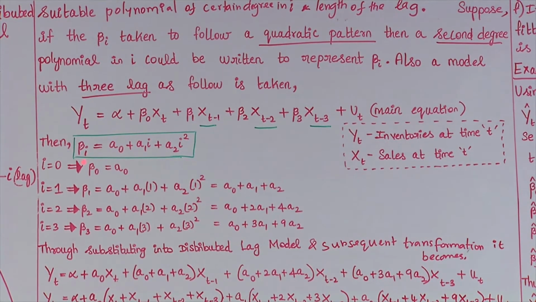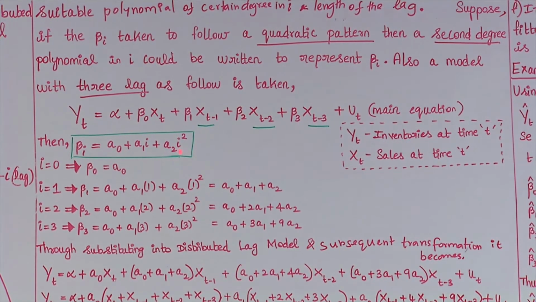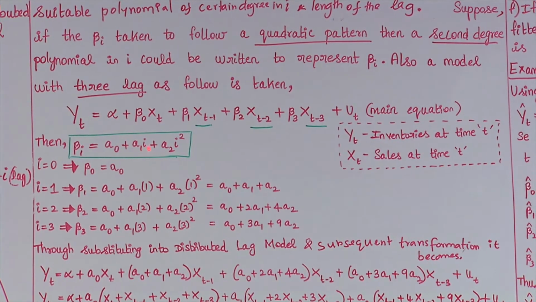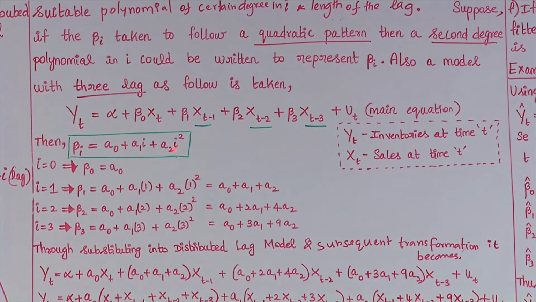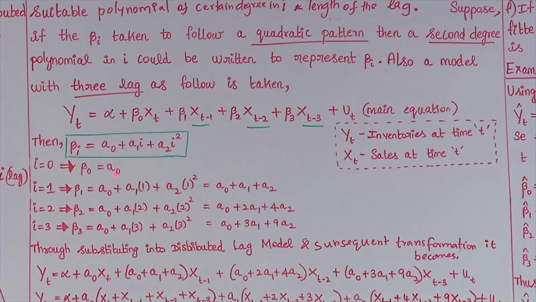Once this equation is assumed, let us substitute for the first coefficient, i equal to 0. Then a0 plus a1 into 0 plus a2 into 0 square, so these two terms get cancelled and you get a0.